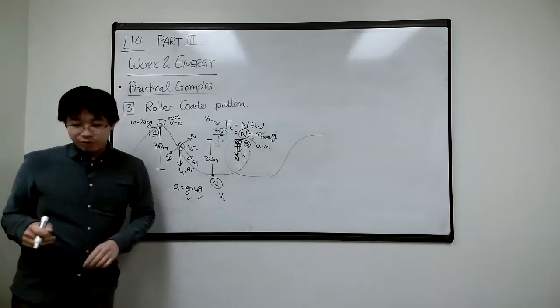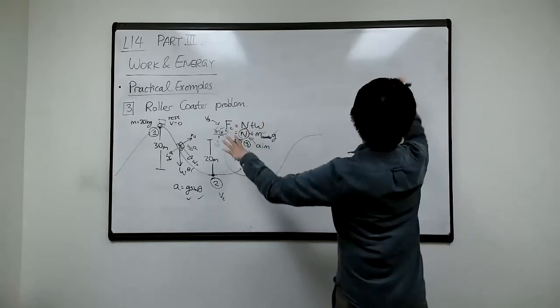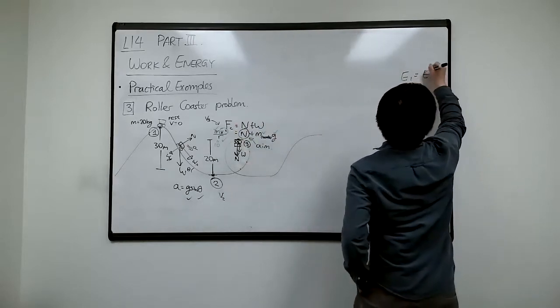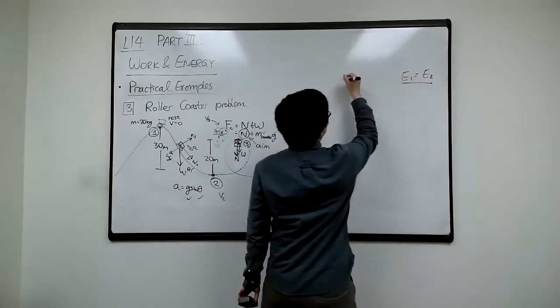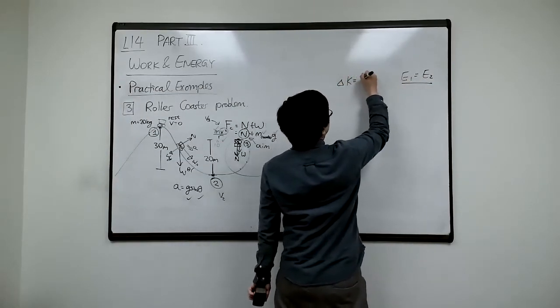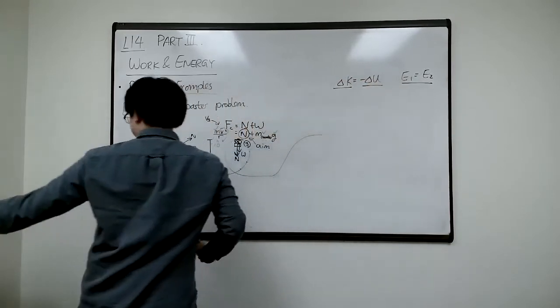Okay, now let's try to use the energy approach. Again, you can use E1 total equals E2, or you can use change in K. The gain in kinetic energy is the loss in potential energy.